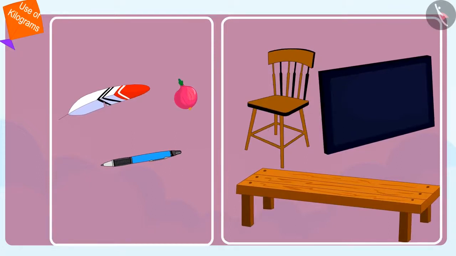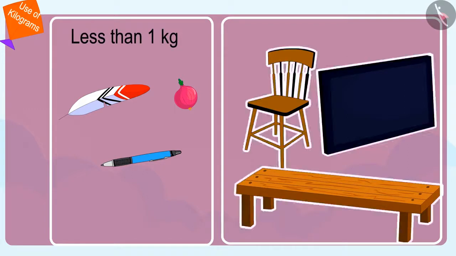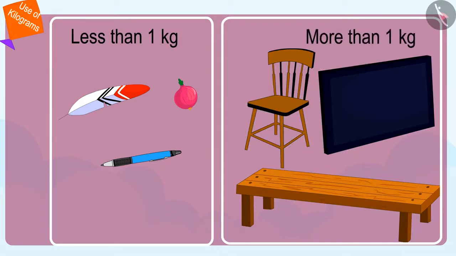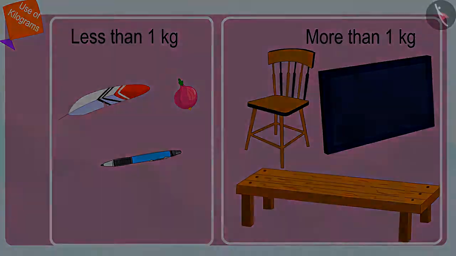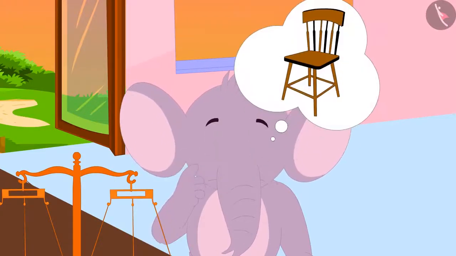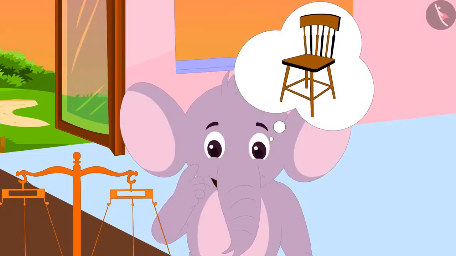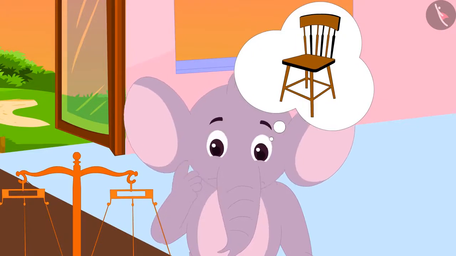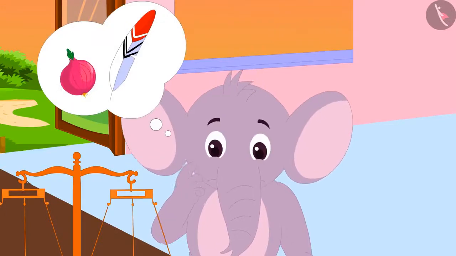You have guessed it perfectly. These items will weigh less than 1 kg and these items will weigh more than 1 kg. Appu understood that some items weigh more than 1 kg and some less than 1 kg.